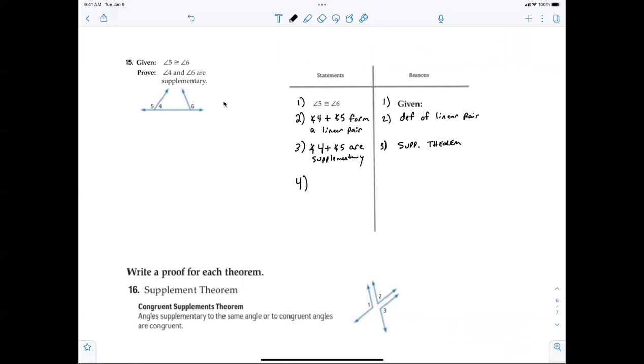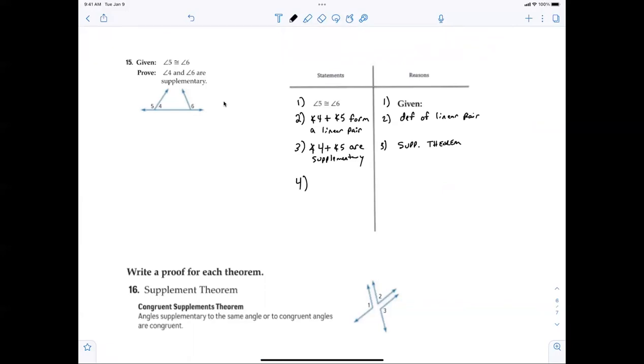Say it again. Angle what? Yeah, but look at our proof. What are we trying to prove? We don't even need to put the 180 in there. What can we do? Yeah, and you could do that, right?